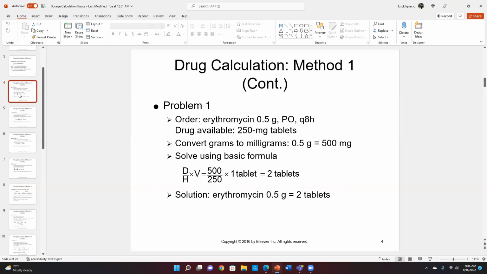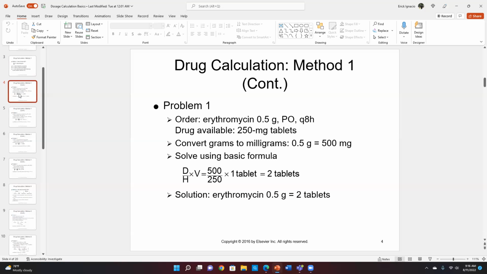We will do that by moving our decimal to the right because we're going from a greater unit of measurement to a smaller unit of measurement. So the number is going to be larger. Once we move the decimal to the right, we will see that we have 500 milligrams.